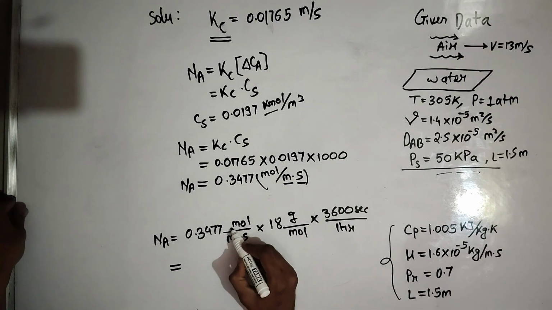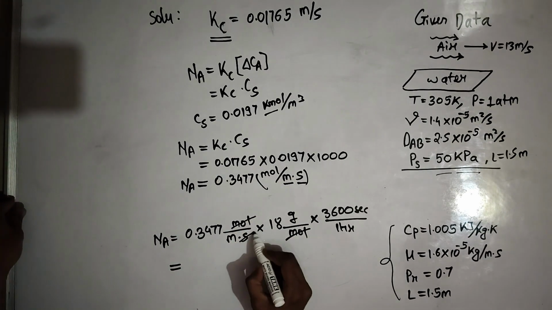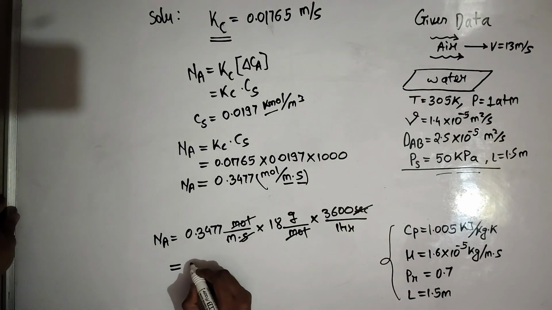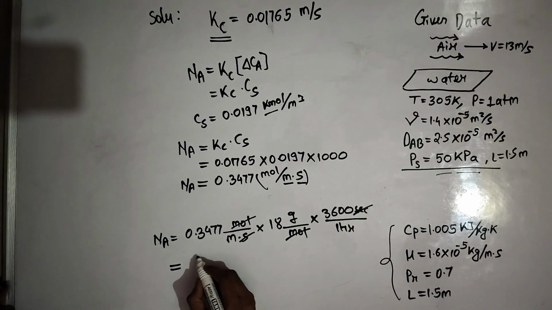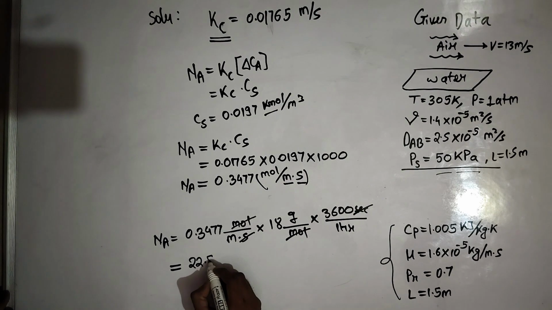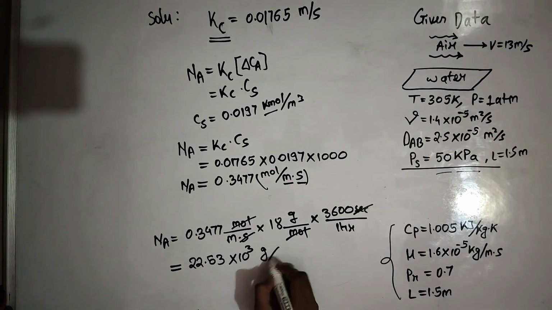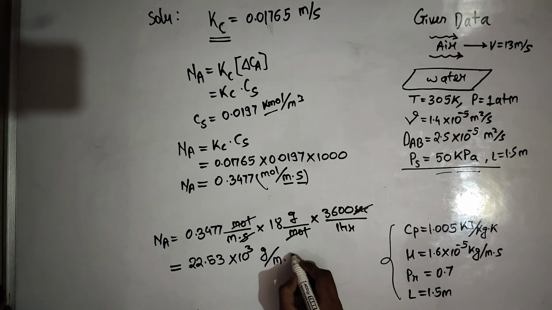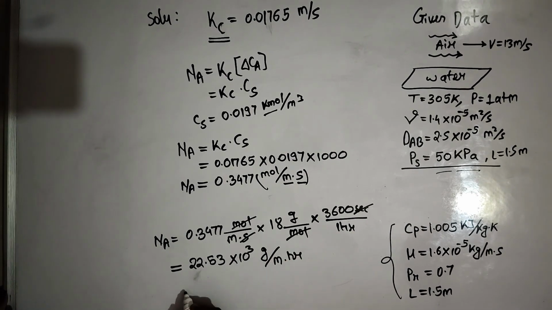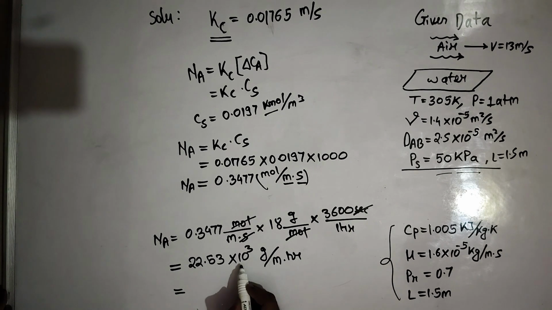From this we will cancel the moles and the seconds. After multiplying, we get the value of 22.53 into 10 raised to the power 3 gram per meter hour. We can take this 10 raised to the power 3 as kilogram.